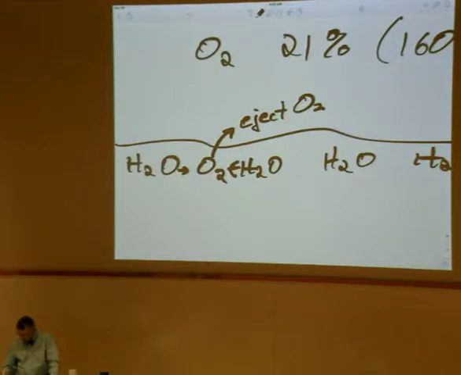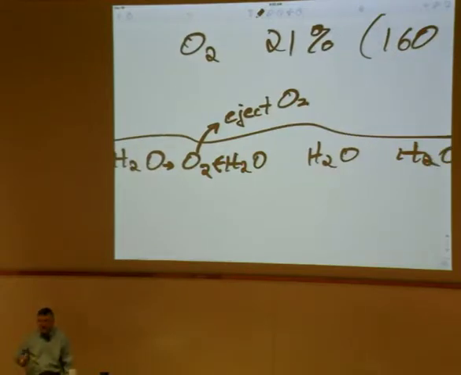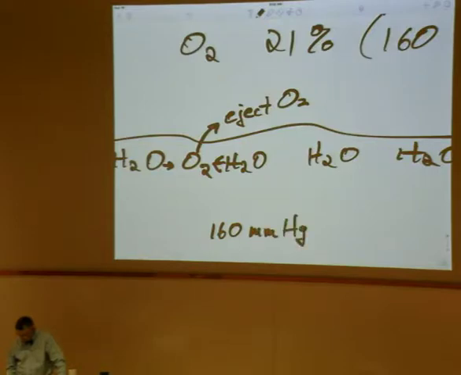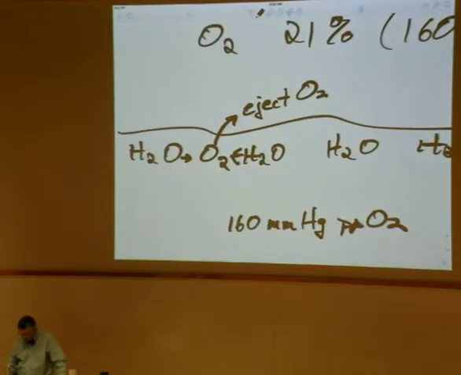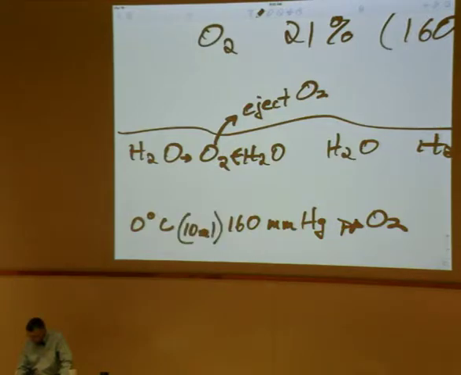So the result is you can have 160 millimeters of mercury partial pressure, gas tensions will be equal, and we often refer to that as 160 millimeters partial pressure of oxygen in the water, but in the water, at 0 degrees centigrade, that's only 10 milliliters per liter.